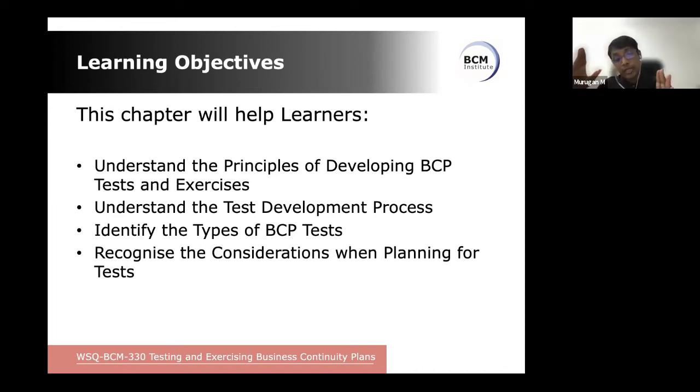So for year 2, we will also create another test plan, probably increase the complexity, okay, and we will change the structure of the test a bit. We will also tell them these are the requirements, success factors and everything. So we will do it for 3 years. So when you do that, on the 4th year, you will know how you have progressed over time, okay, and what are the improvements you need to make.